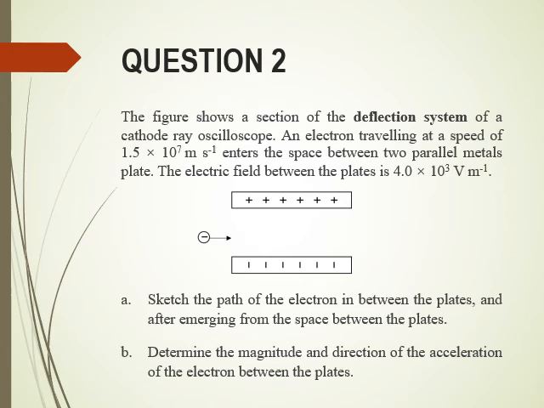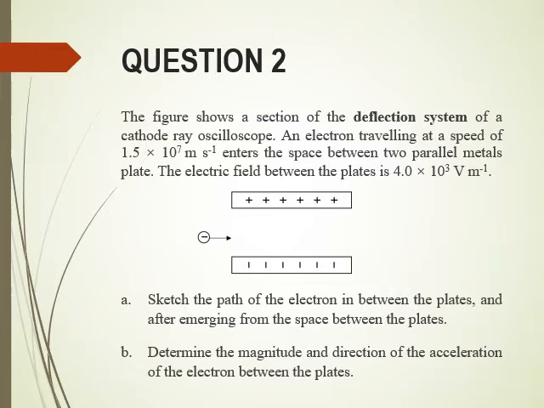Question 2. The figure shows a section of the deflection system of a cathode ray oscilloscope. An electron traveling at a speed of 1.5 times 10 to the power of 7 meter per second enters the space between two parallel metal plates.